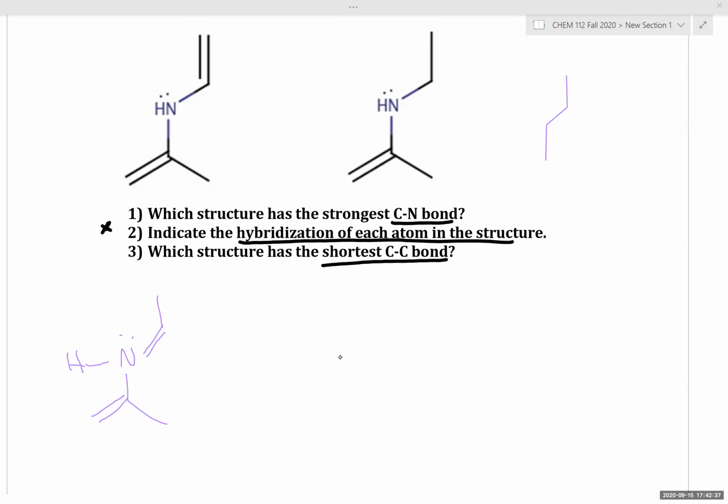Is that the original structure, or is that a proposed resonance structure? Would nitrogen have a complete octet in that case? Would nitrogen follow the octet rule? That's a good point. No. Your idea is on the right track. The arrow pushing just needs to go in the other direction.